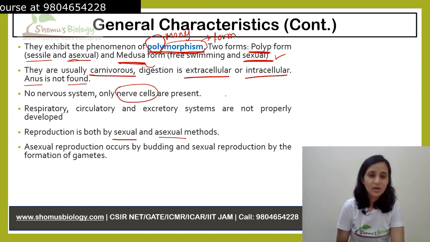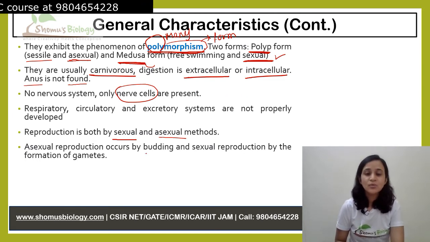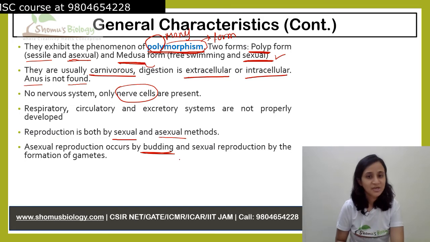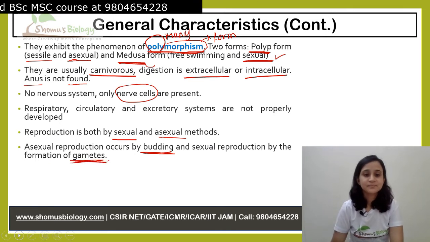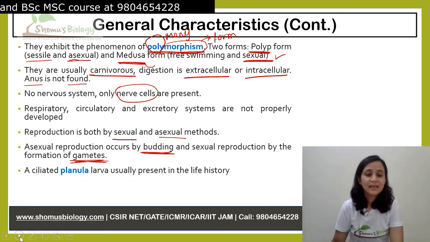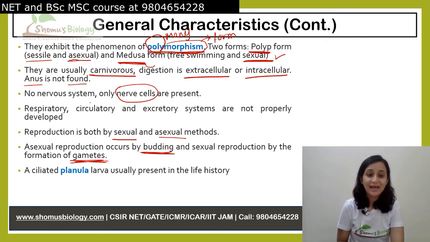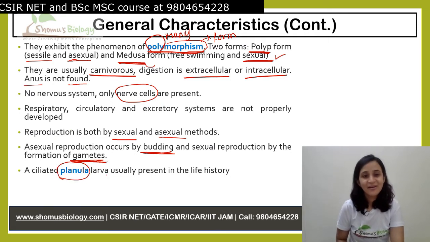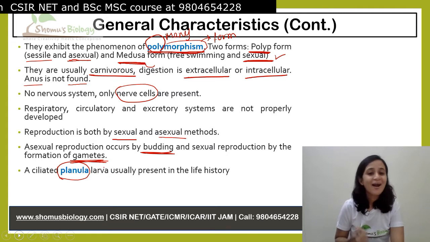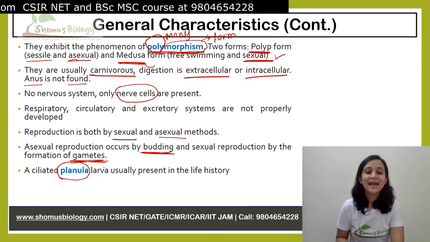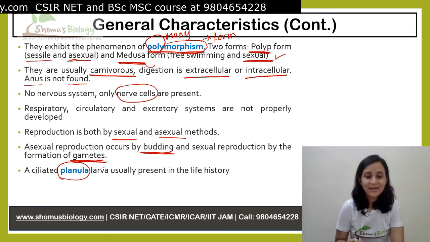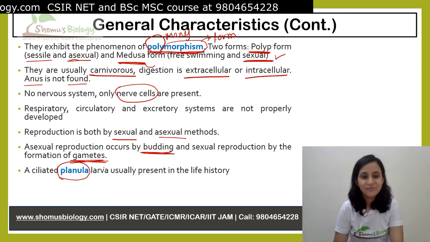Asexual reproduction occurs by budding, and sexual reproduction is by formation of gametes. A ciliated planula larva is usually present in the life history. You need to remember the name of the larva: it is planula. So they have a larval stage in their life cycle, the planula larva.